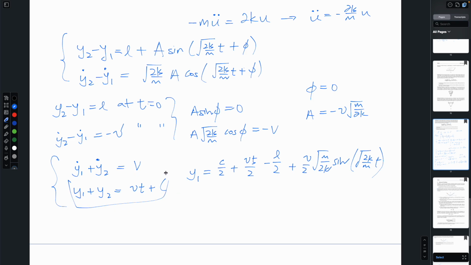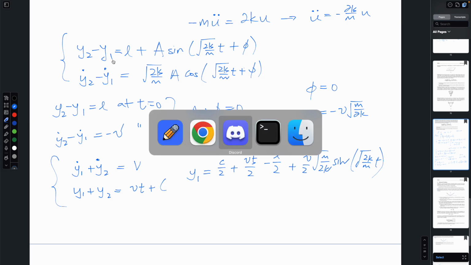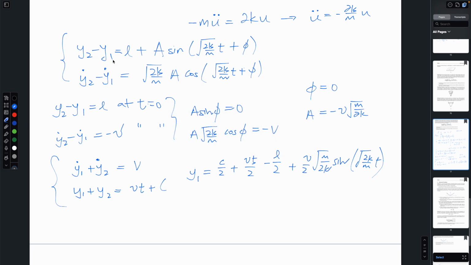We can combine this with the first one. And then you just solve. For example, you express one in terms of the other. It's a simultaneous equation now.